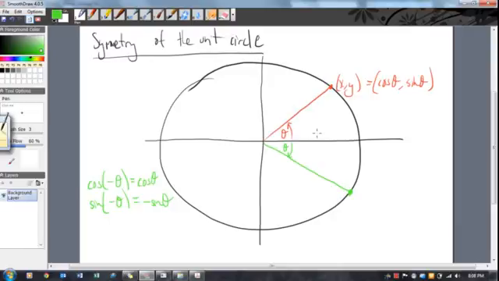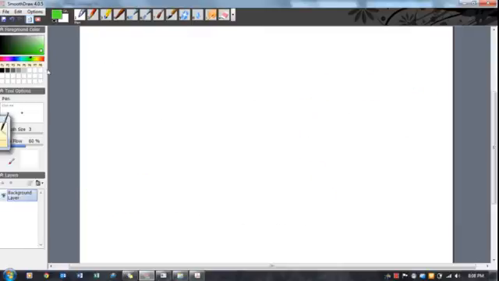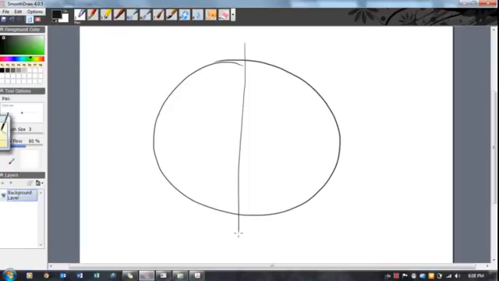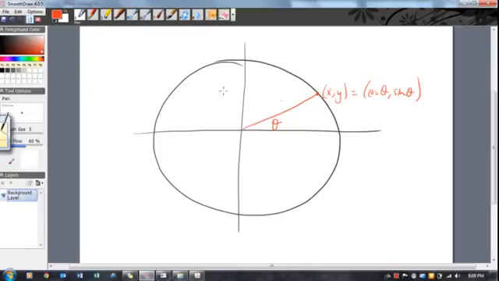I'll show you the other important symmetry that we get in a unit circle. Again, we've got the unit circle. If you have angle theta there, and the points x, y, which is cos theta, sine theta, what happens if you get the equivalent theta from there, like that?